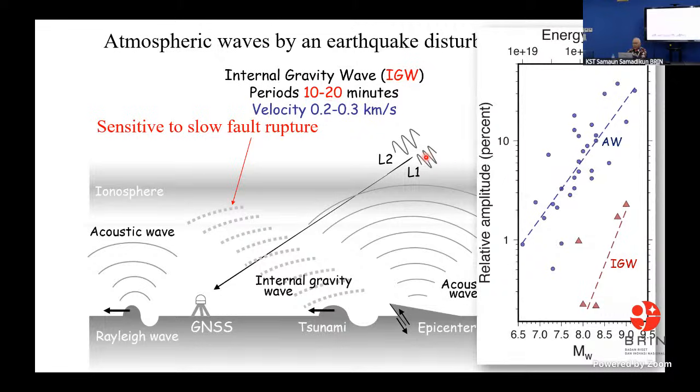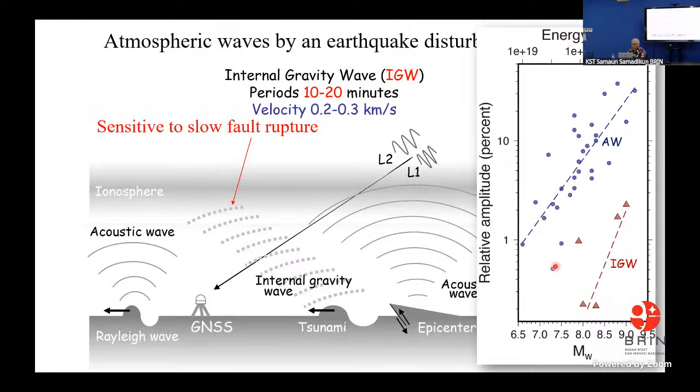Okay, so I already showed the relationship of the amplitude with magnitude for the acoustic wave. And there is also a different kind of wave, the internal gravity wave. They have a different relationship. It's much weaker.